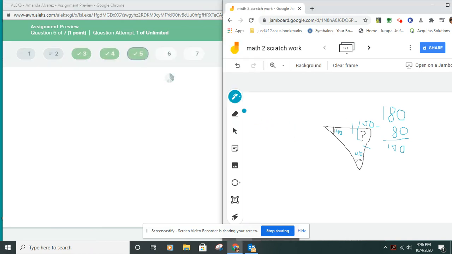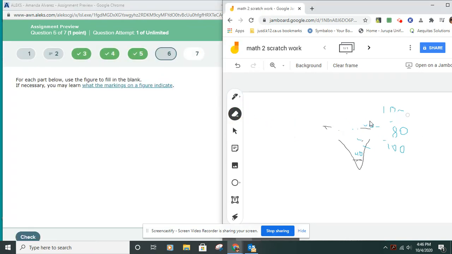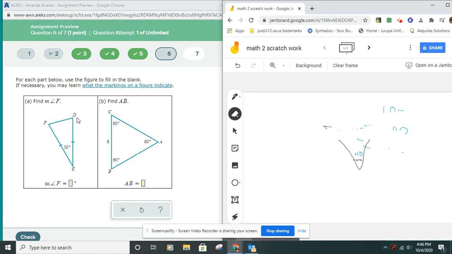Okay, moving on. I'm going to erase this. There it is. Okay, so looking at the ALEKS problems. Oh, I'm just going to get a new one. Okay. A, this one says find the measure of angle F. F is down here. This is an isosceles triangle because it has 2 sides marked congruent.